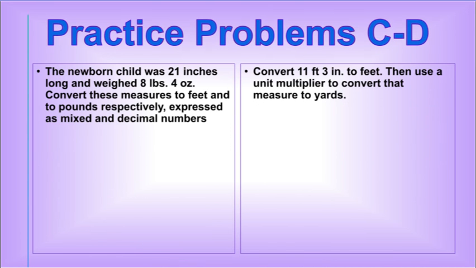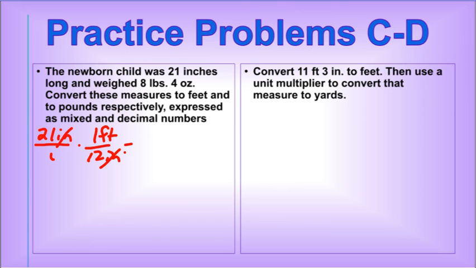And the last problems. The newborn child was 21 inches long and weighed 8 pounds 4 ounces. Convert these measures to feet and to pounds respectively, expressed as mixed and decimal numbers. So 21 inches. We need 21 inches in feet. So 21 inches over 1 times 1 foot over 12 inches.